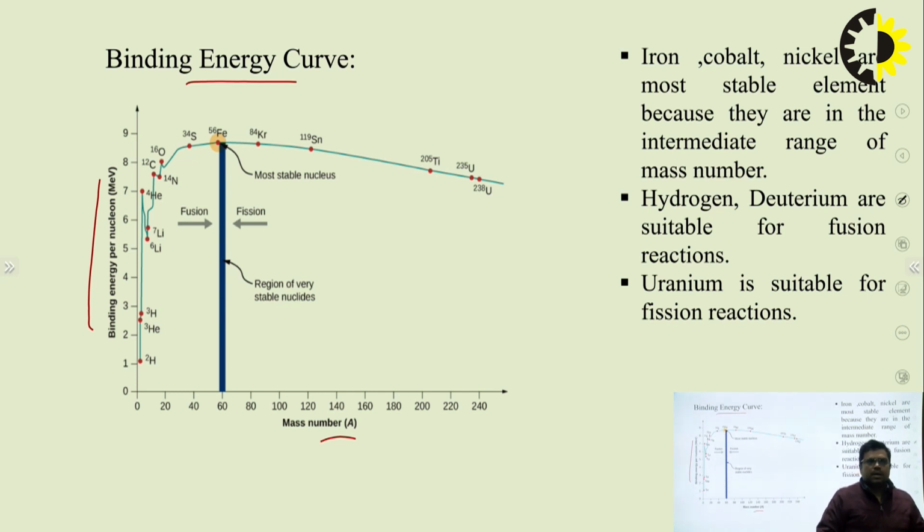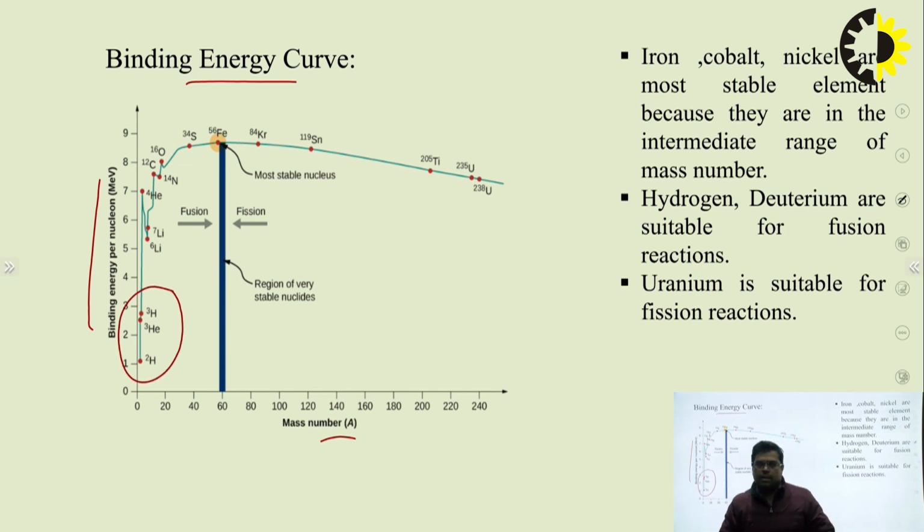Basically, elements with lower atomic weight, like hydrogen, helium and lithium, have a lower mass number, so they are suitable for fusion reactions. In fusion reactions, lighter masses are combined.